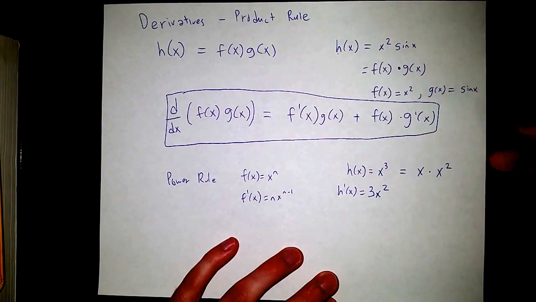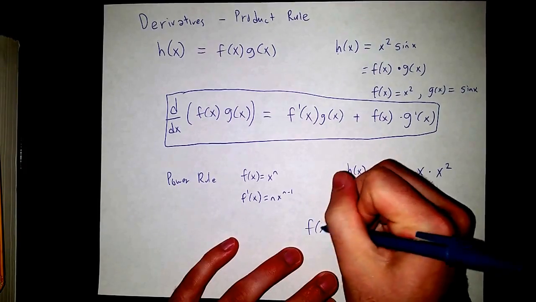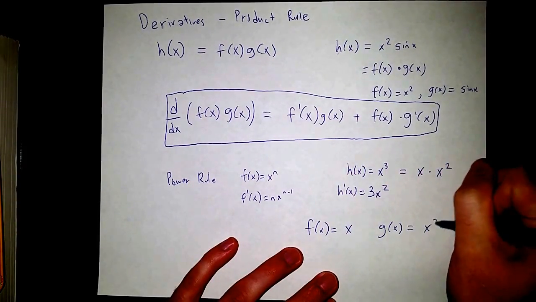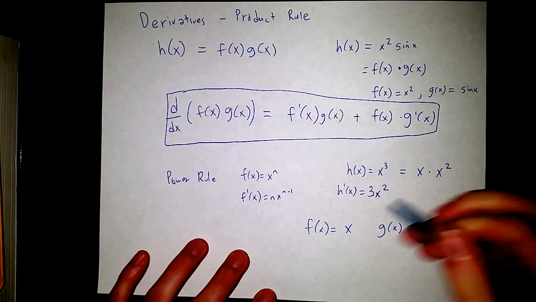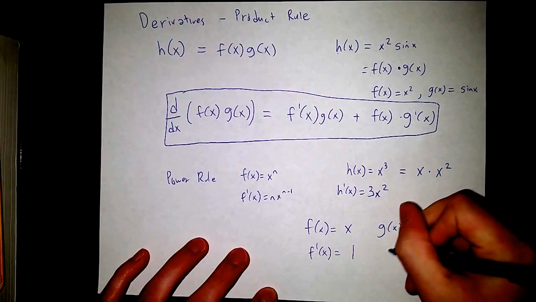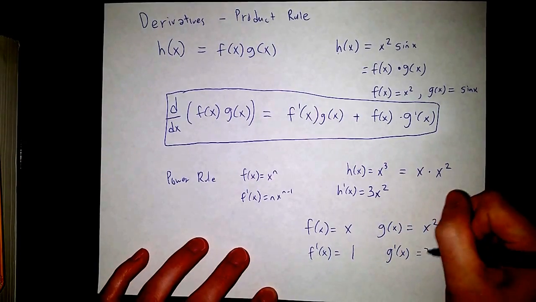Let's do it the product rule way. Let f of x equal x and g of x equal x squared. f prime is 1, g prime equals 2x.